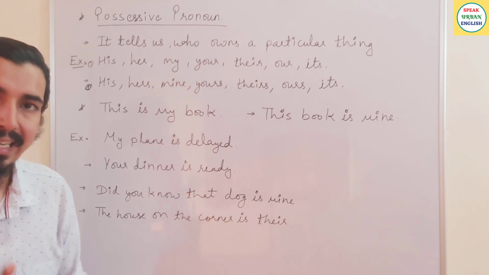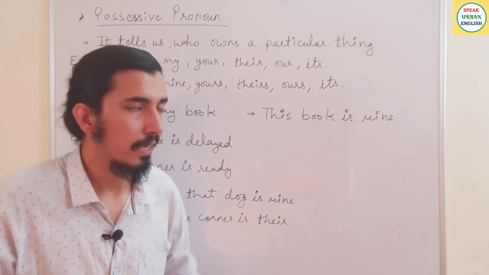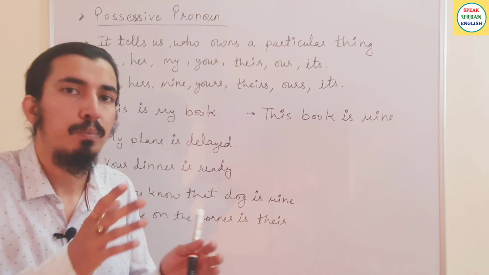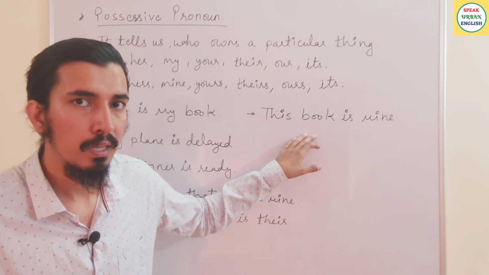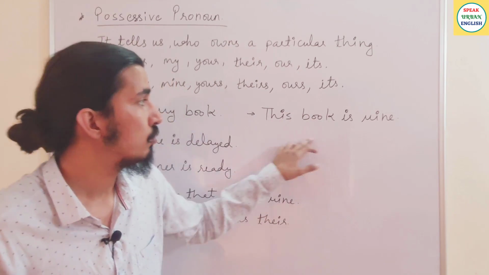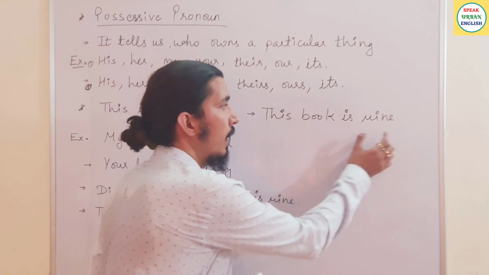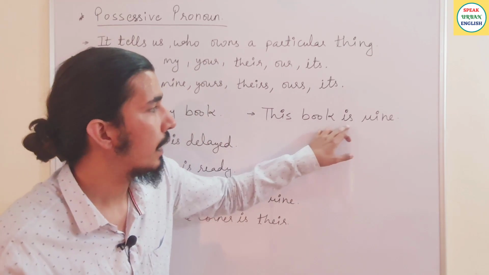Okay, that's category 1. In category 2, this book is mine. What's the thing of which the possession is being talked about? It's again this book. Whose is this book? Mine. Here this book and mine are not adjacent because they are separated by is.